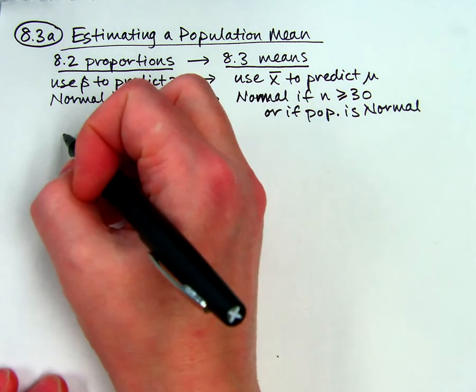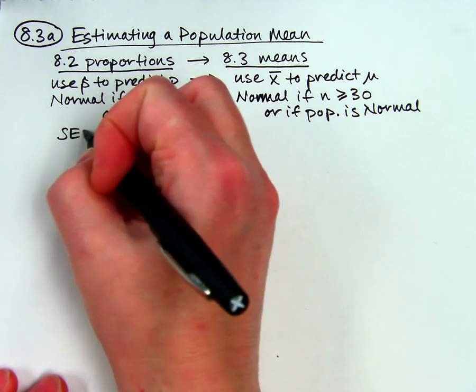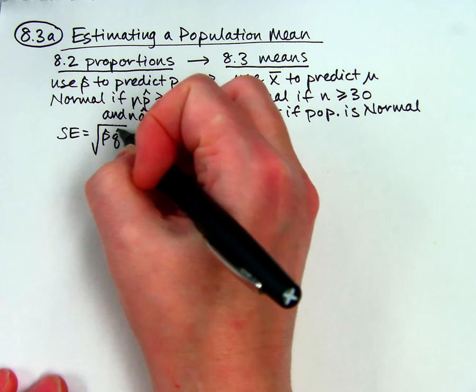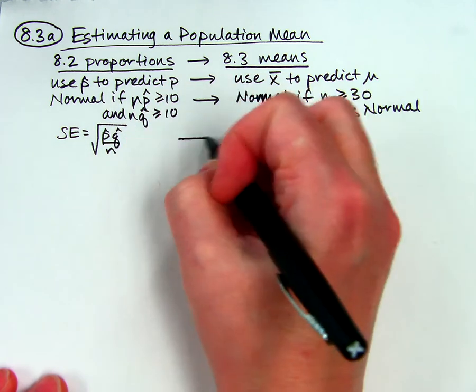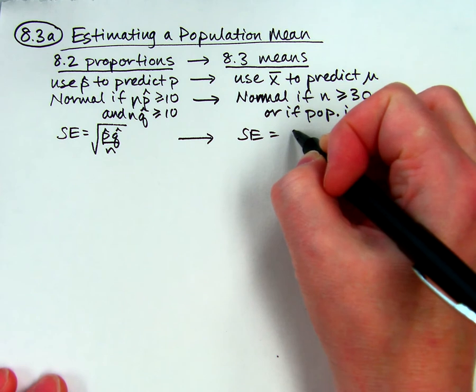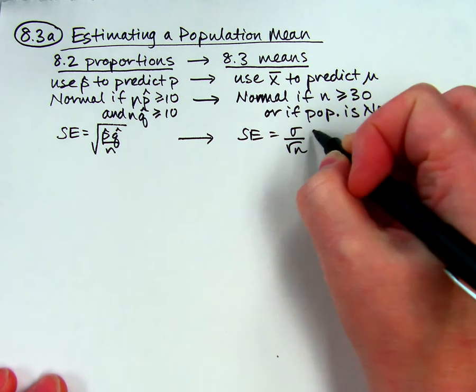And then the standard error in our formula is going to change also, because instead of doing the square root of p hat q hat over n, which we did for proportions, we're going to change to using the formula for means, which is the population standard deviation divided by the square root of n.